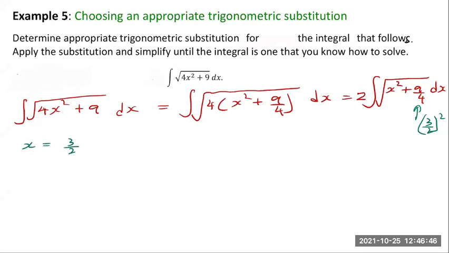In this case, your a is 3 over 2, so x is 3 over 2 tan u. That's the substitution that I'm going to go with. This will immediately give me dx is equal to 3 over 2 times secant squared u du. For later use, maybe I will find my tan u. Tan u is 2x divided by 3.